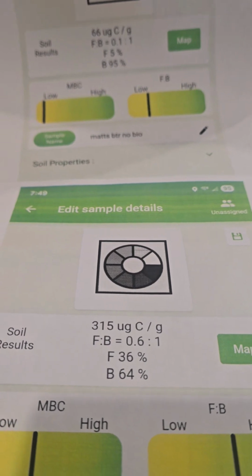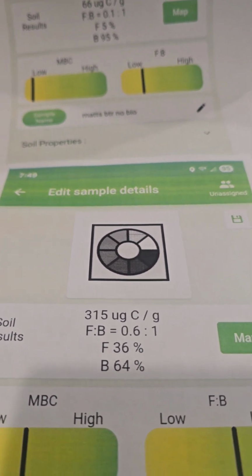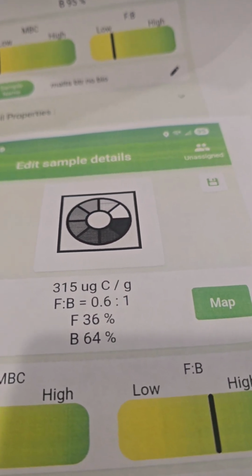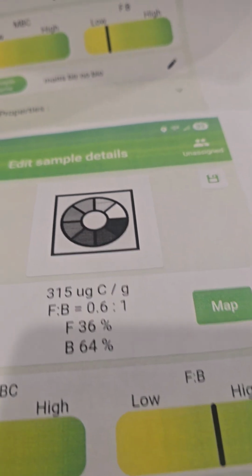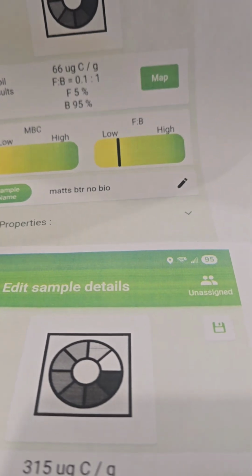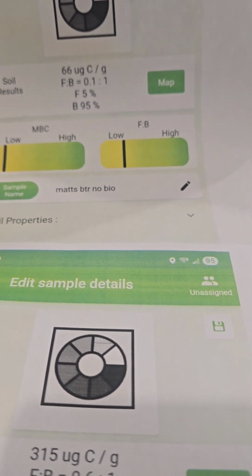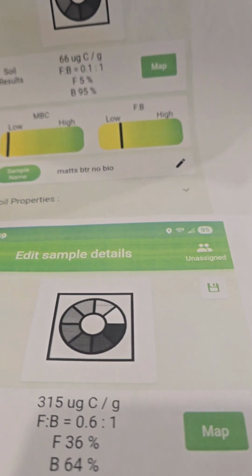But I also put a high rate of biology on. We usually do 12 to 16 ounces, but where I know I have soil like this, I went a half gallon. I did a quart in furrow and a quart foliar, and that's the difference it makes. Really happy to see that.